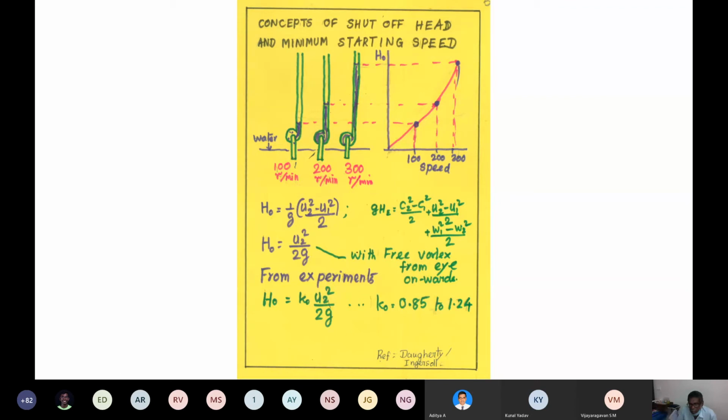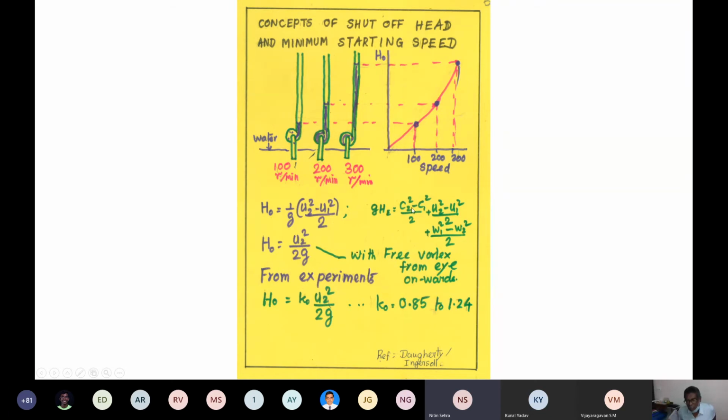Do you remember? Anybody? What are the three effects called? Specific work expressed as a sum of three different effects.